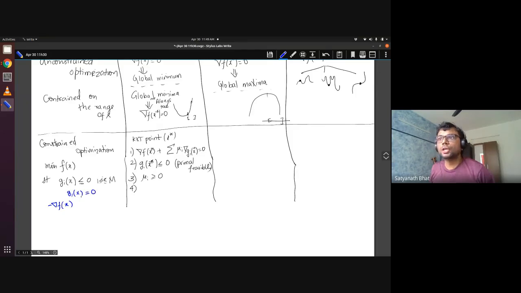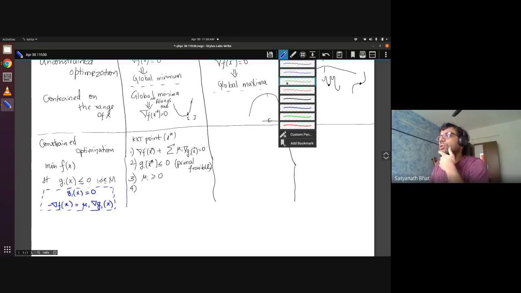You cannot go above g_1 of x, but the direction that you are taking, gradient f of x, is equal to some mu_1 times gradient g_1 of x. When you try to take a step to improve your optimization objective, meaning reduce it, you inadvertently increase g_i of x. That is the intuition. I hope I didn't confuse all of you. It's clear. Then this was the third constraint.